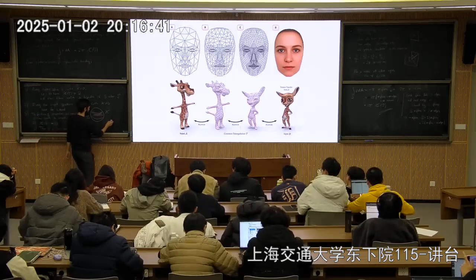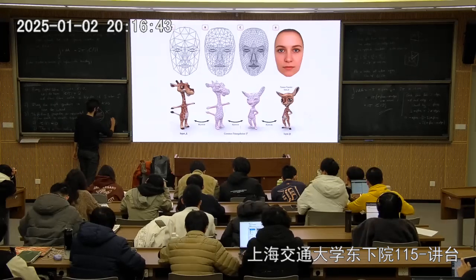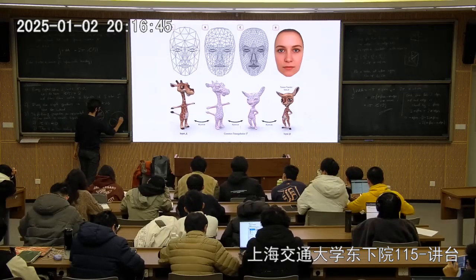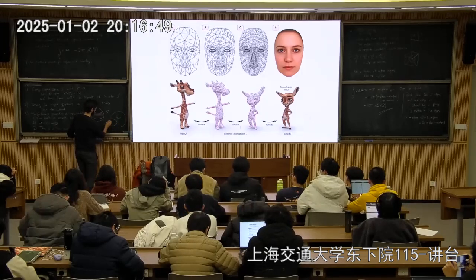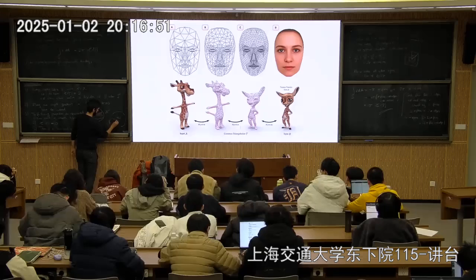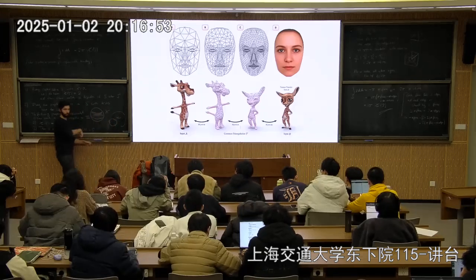So if that's your torus, then you can just take the vector field which is turning around one of these.